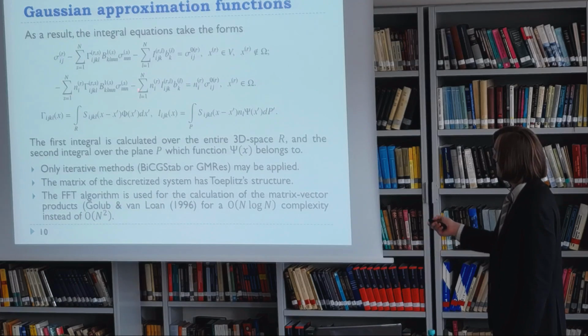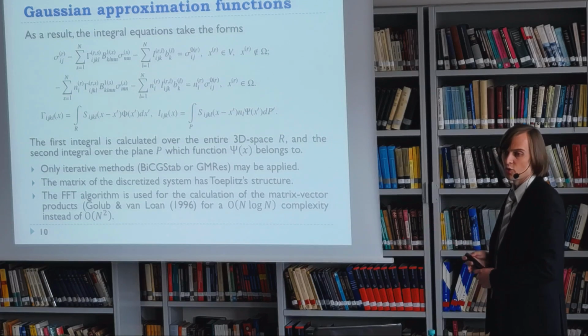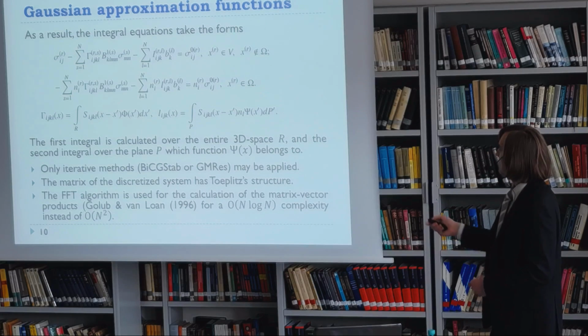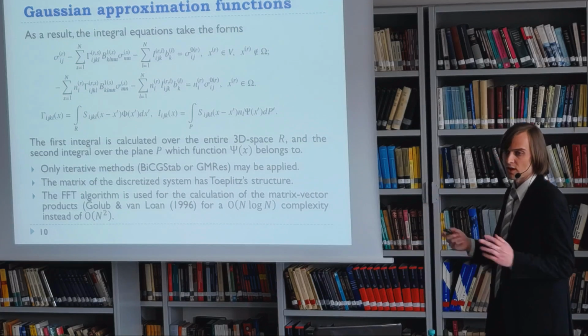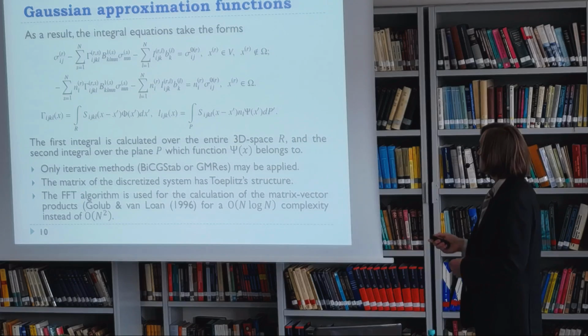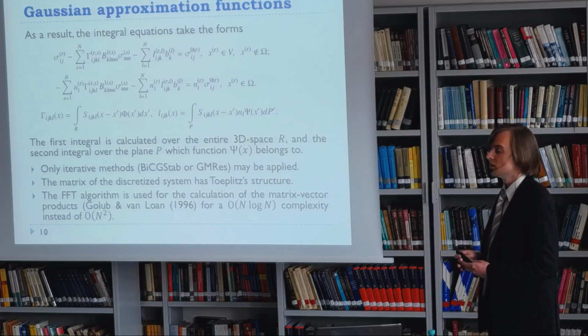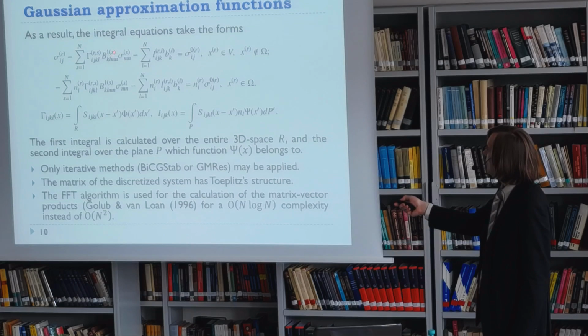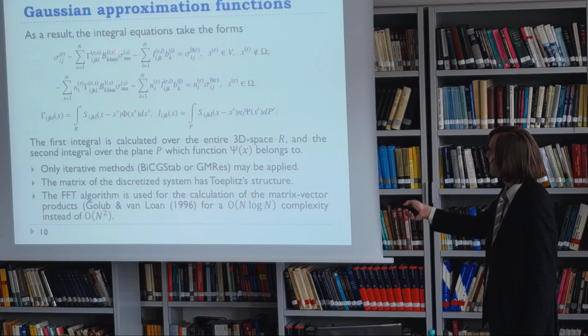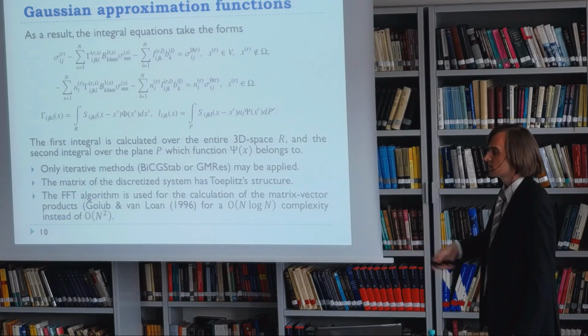As a result, we obtain these two systems of integral equations. The first system is applied for the whole medium except the cracked surfaces, and the second one is applied for the cracked surfaces. So here we have our unknowns, that are the crack opening and the stress field at our nodes.